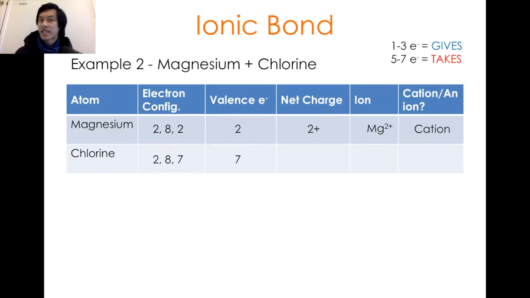Well, it needs to take 1 electron, meaning it becomes 1 minus, because when it takes the electron, it becomes more negative. Therefore you write it as Cl 1 minus, or just Cl minus, it doesn't matter. Because it is minus, it becomes an anion, because an anion sounds like an onion, and onions are negative.